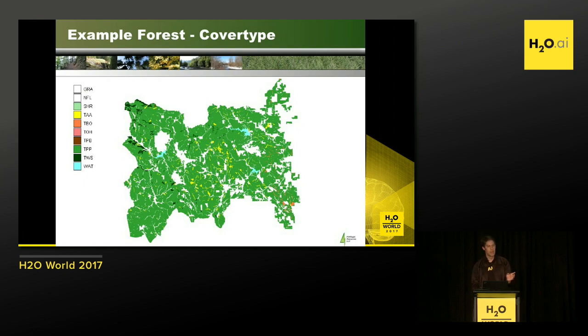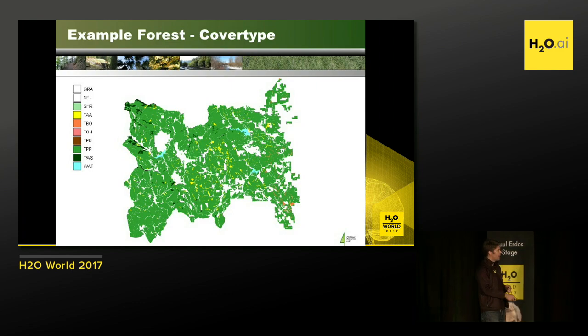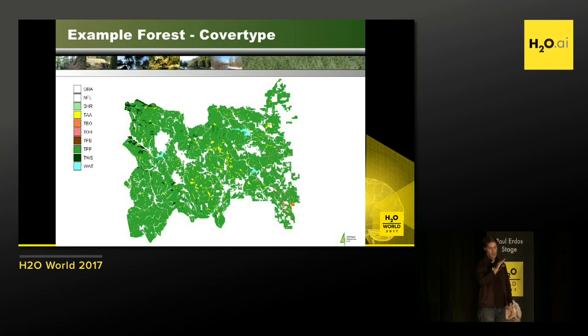So this is just an example data set from Kaggle, where you have some map data, and what I've given you is cartographic information. For example, the slope of the hill wherever you are, the distance to a water supply, a bunch of kinds of information. And I've also told you the type of, say, grass in the area. From 54 different features, you're supposed to predict what type of forest cover is there.